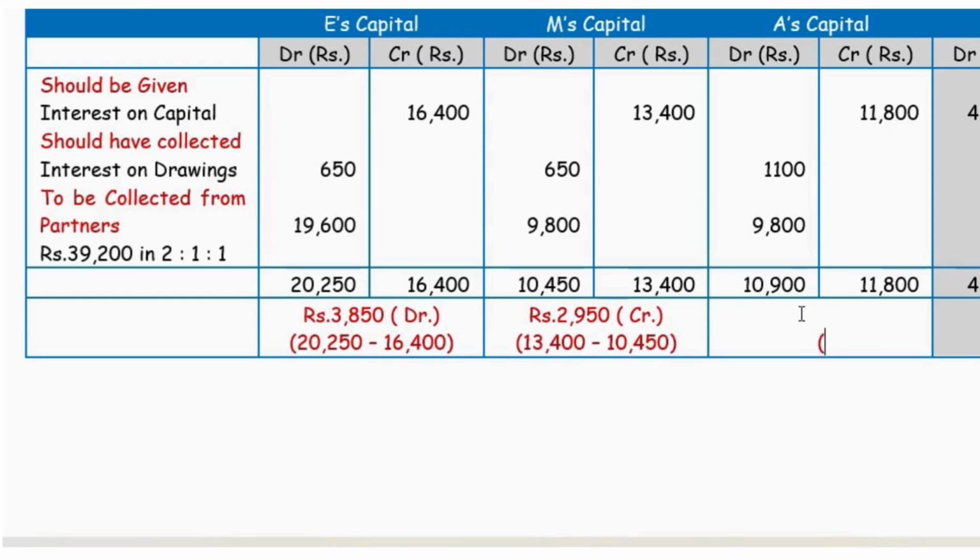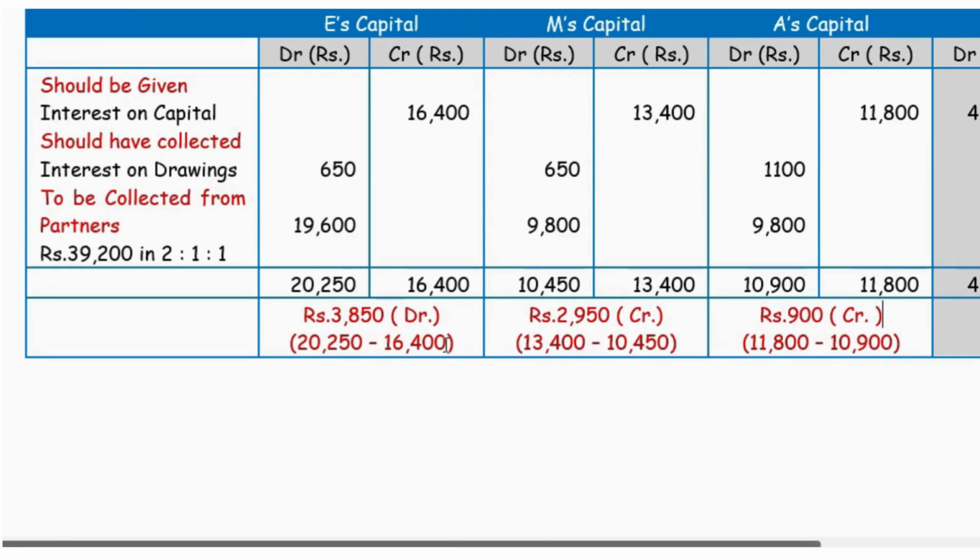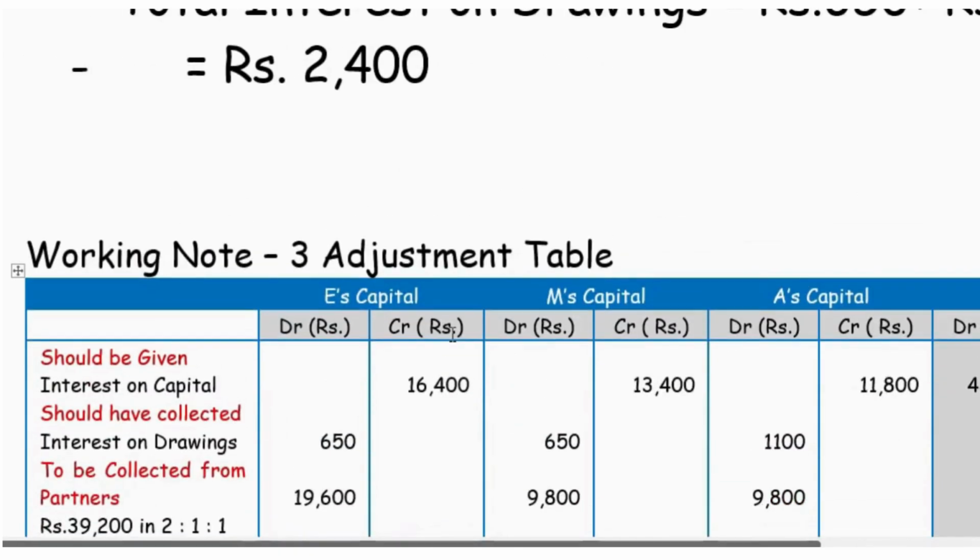That means he has received less than what he is supposed to receive. So the difference amount of rupees 900 will be given to him. That is, when he is receiving, his account will be credited. So this is how the debit and credit for partners E, M and A is estimated.